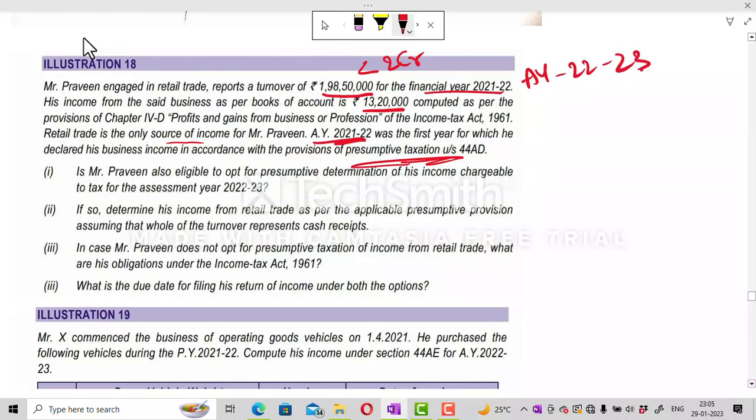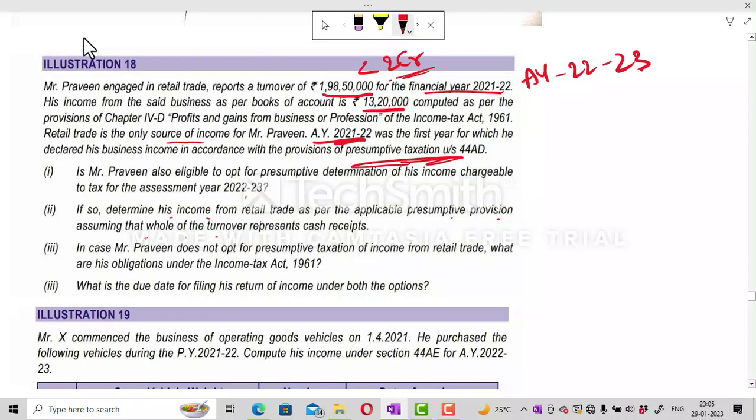Is Praveen also eligible to opt for presumptive determination of his income chargeable to tax for assessment year 22-23? Yes, he is eligible because his turnover is less than 2 crores. If so, determine his income from retail trade as per the applicable presumptive provision, assuming that the whole of the turnover represents cash receipts.